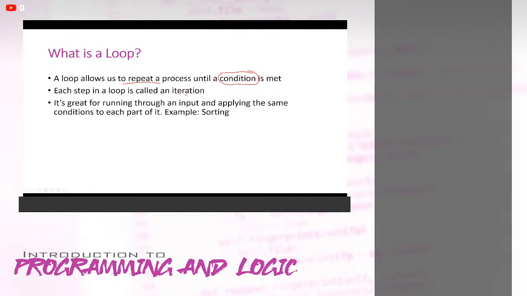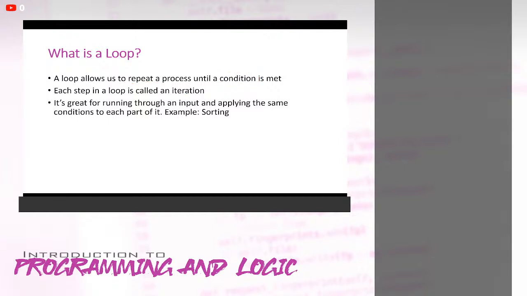Loops are great for running through an input and applying the same conditions to each part of it. For example, if we were going to sort some values, we'll talk about sorting algorithms later on in the course and work with different data structures. That's one thing where iteration is great.